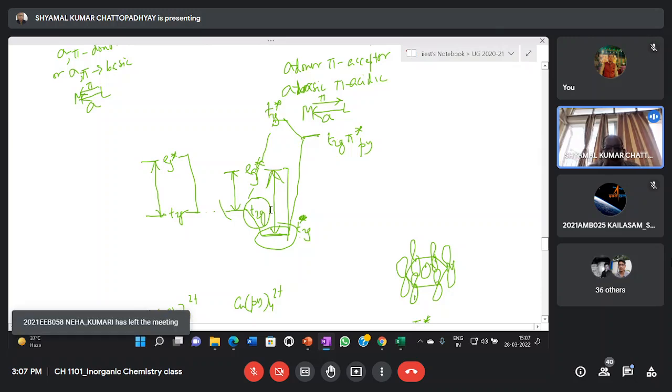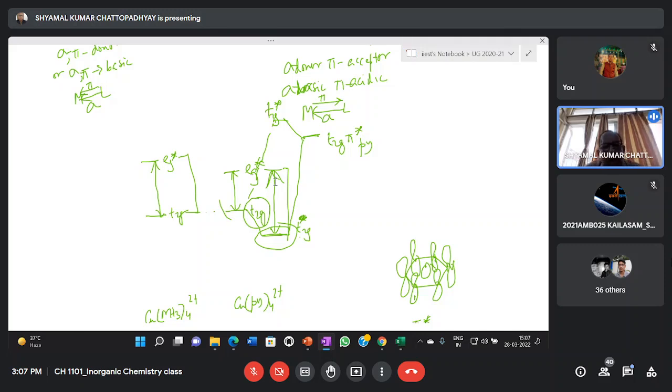So now you will find that once you take into account both sigma donation and pi donation, the t2g–eg star gap of pyridine and ammonia are both almost identical. So the ammonia t2g–eg star gap is fully determined by the sigma only picture. But for pyridine we have sigma donation as well as pi accepting.